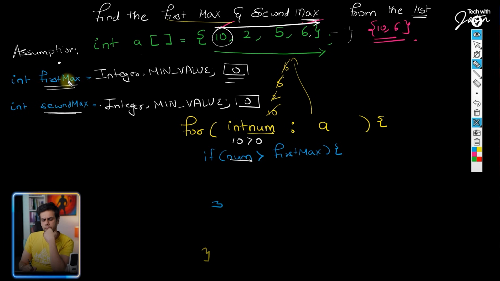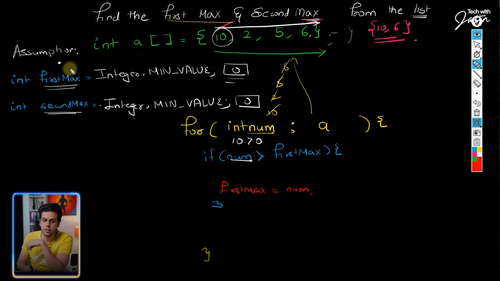What happened over here is we found a number which is greater than the first max which I was assuming. Then whatever I'm having is not the largest number. This can be the largest number. So over here, I will update first max with the number.